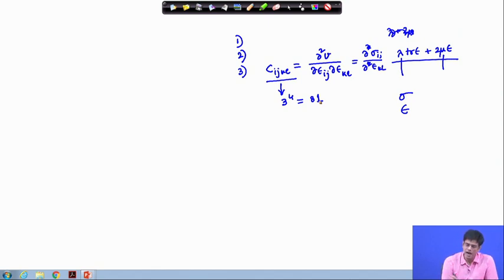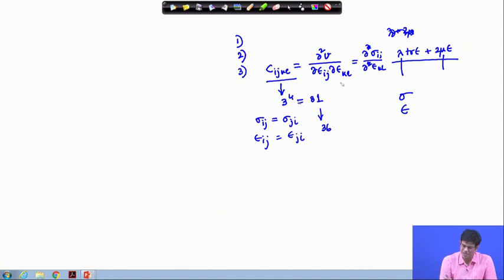If we use the stress and strain symmetry, sigma ij equals sigma ji and epsilon ij equals epsilon ji, that is, introducing the minor symmetry, then we can reduce it from 81 to 36 constants.